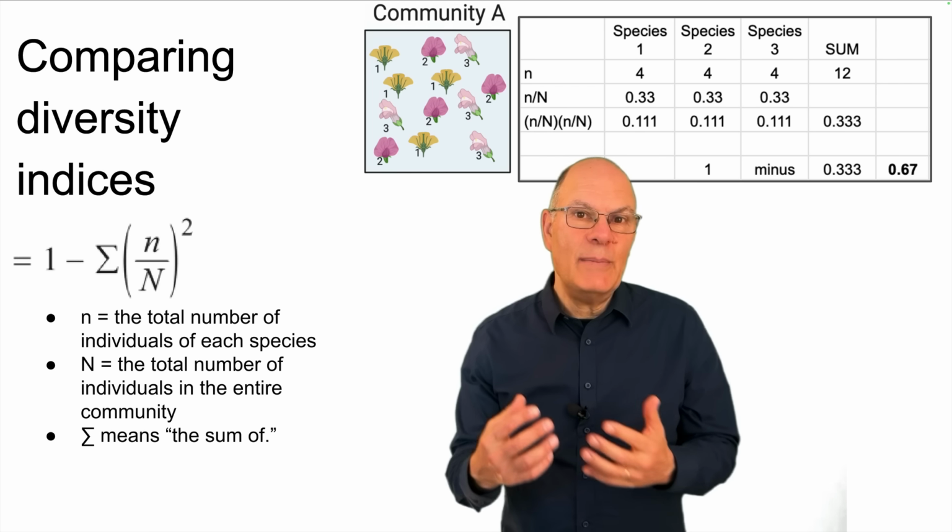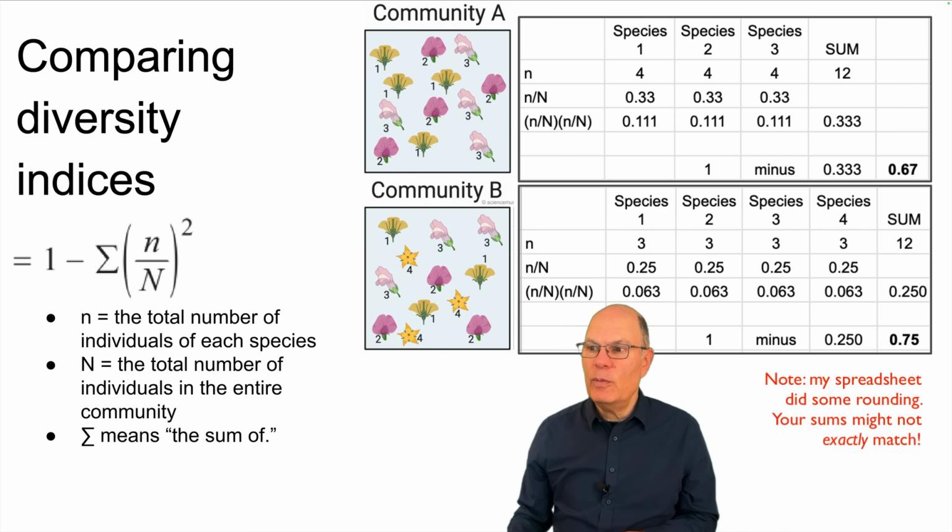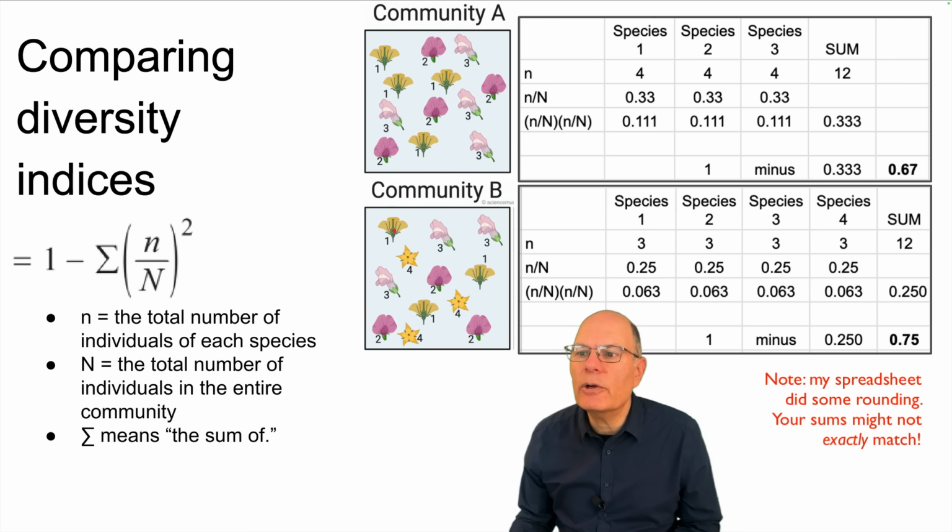Let's repeat the same steps for communities B and C. For community B, there are 4 species, and let's count how many members there are of species 1. There's 1, 2, 3. So small n equals 3. The total number of individuals, again, is 12. 3 divided by 12 is 0.25.